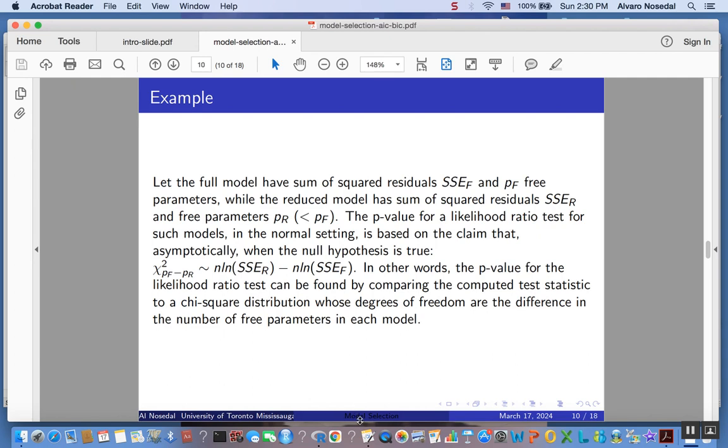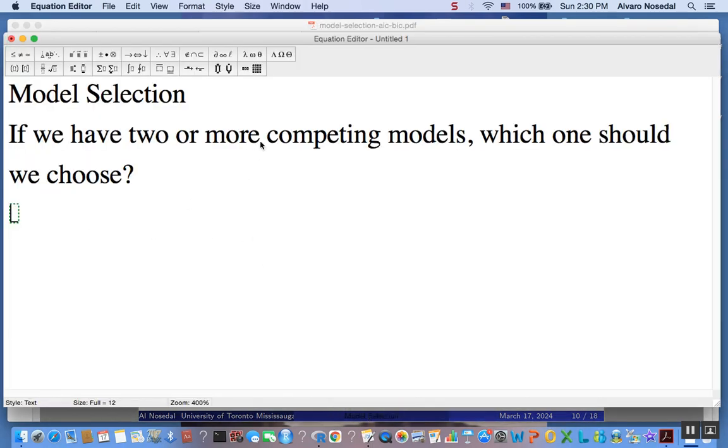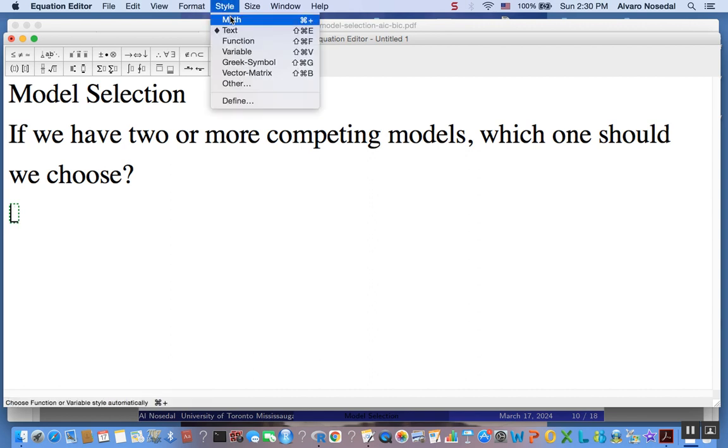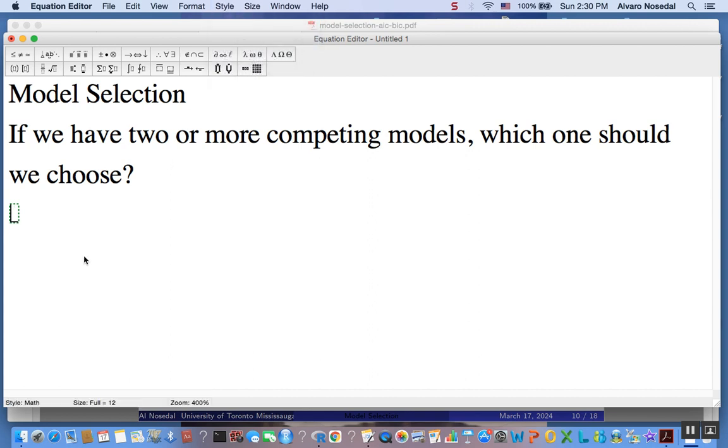First, let me remind you of something from statistics 302. Let's talk about the reduced model, the sum of squares for the reduced model.